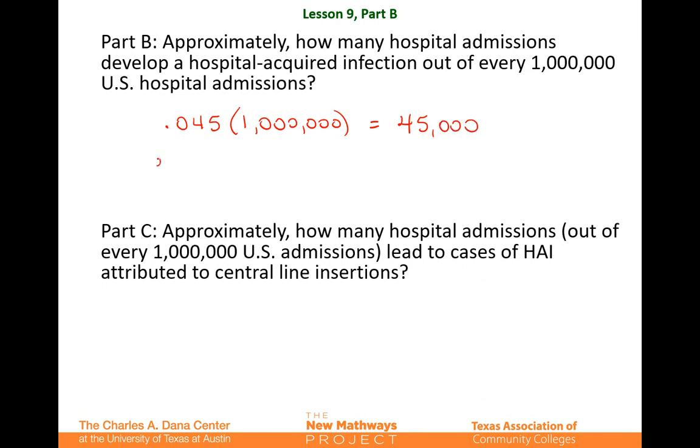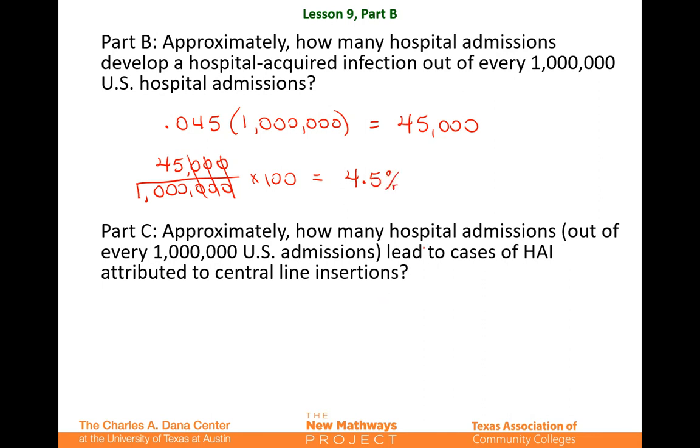Again, if you wanted to double check that, you could. 45,000 divided by 1 million. Notice all of that cancels out. That's the same 4.5%.